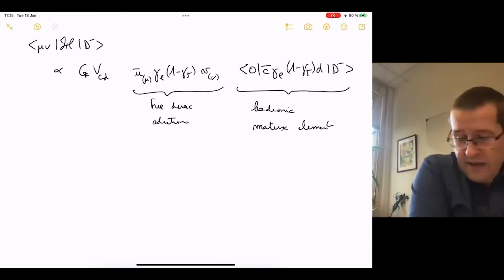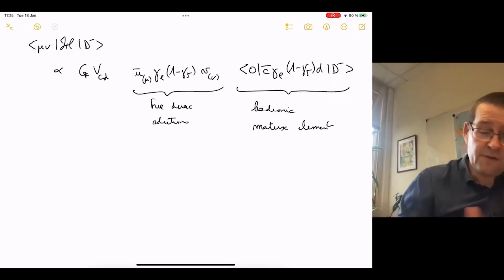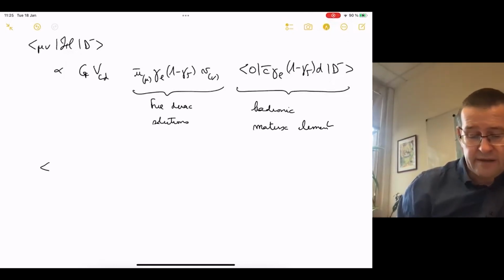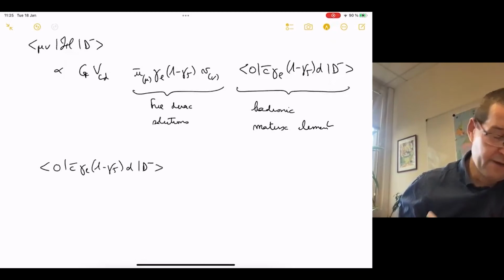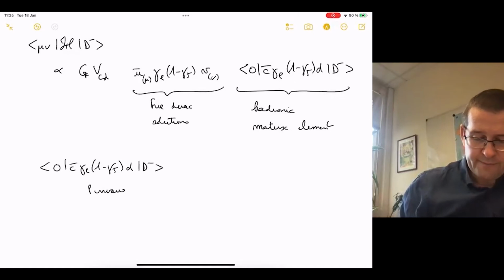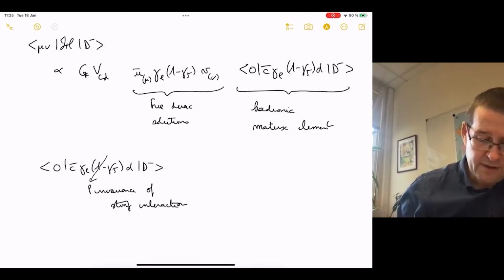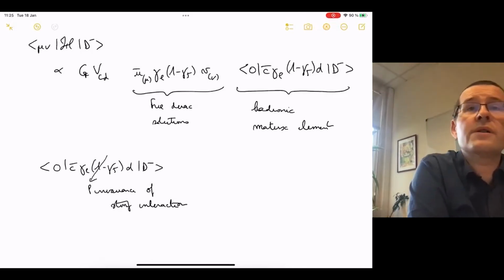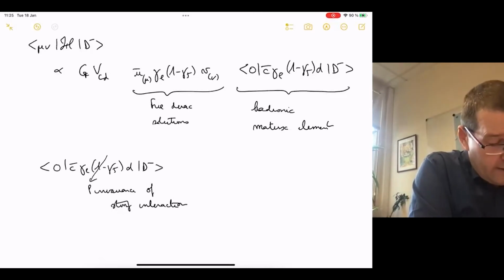Okay, and the point here is that this in principle is really non-perturbative QCD, so you don't have a clear way of computing that from first principles immediately. But you do have the P invariance of the strong interaction, which means that only the axial component is to be taken into account.